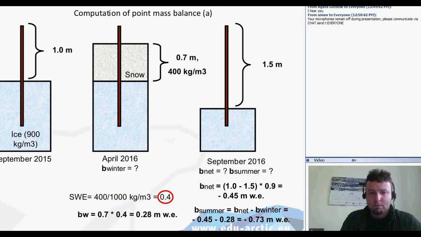Then summer balance is, of course, net balance minus winter balance. So when we calculate the annual balance, which was 1 meter minus 1.5 multiplied by 0.9, it gives minus 0.45 meters of water equivalent. So summer balance was minus 0.73 meter of water equivalent.